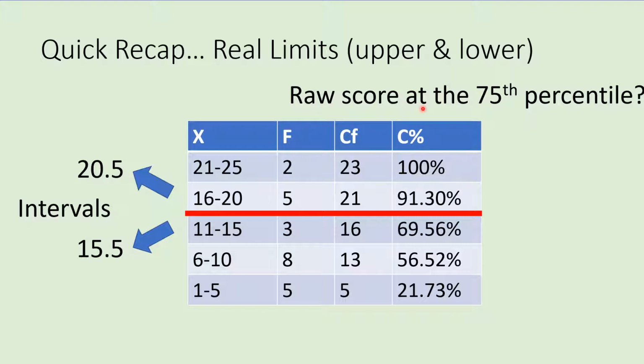So when the question's asking for the 75th percentile, we know that it's obviously going to be between 91 and 69, but when we come to the other side of the table, just remember it's going to be anywhere from not 20 but 20.5, and not 15 but 15.5.